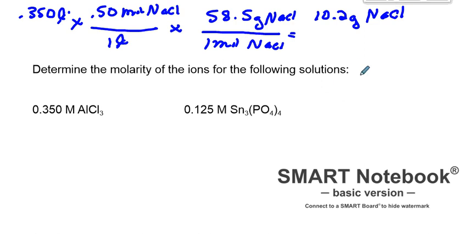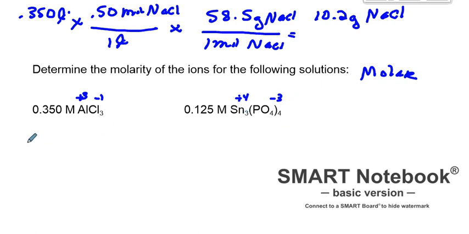You can use the word molar. So like I say, this is 0.35 molar aluminum chloride, 0.125 molar tin phosphate. So I'm going to get the ions on this. The charge of aluminum, of course, is +3 from your periodic table. This is -1. Phosphate, of course, is -3. And the tin for this must be +4 to make that +12 and -12.